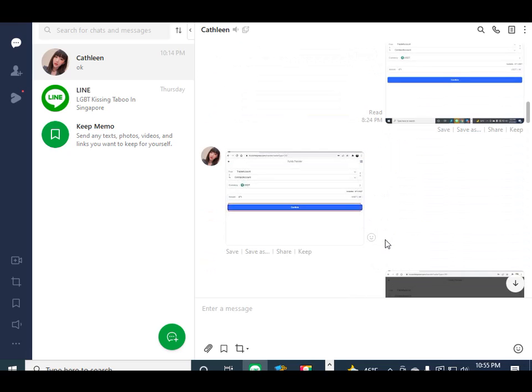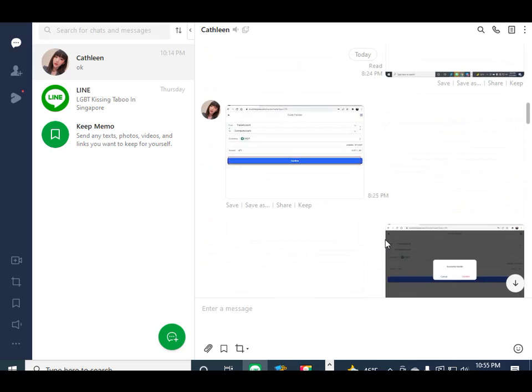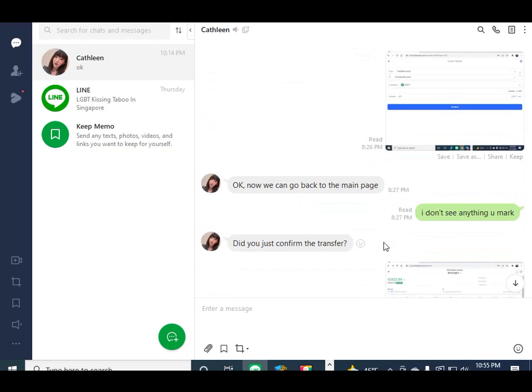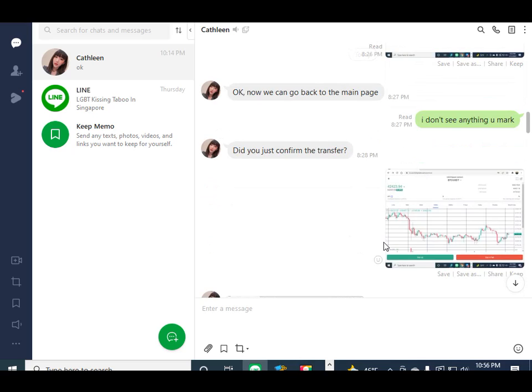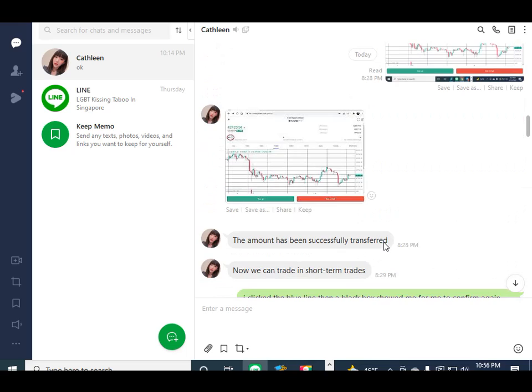See, right there. Okay, now we can go back to the main page. Did you just confirm the transfer? The amount has been successfully transferred. Now we can trade in short-term trades.